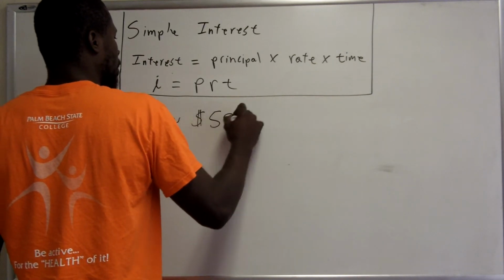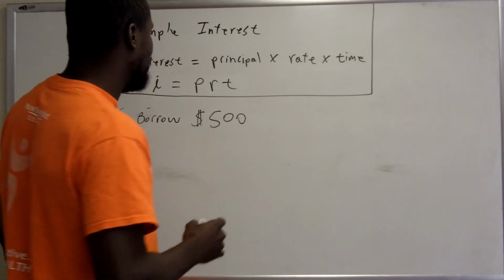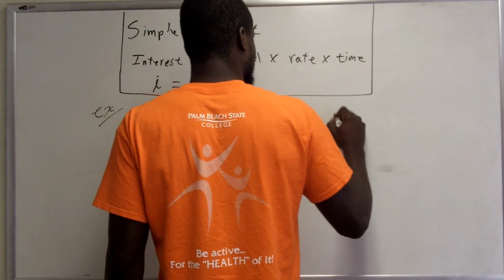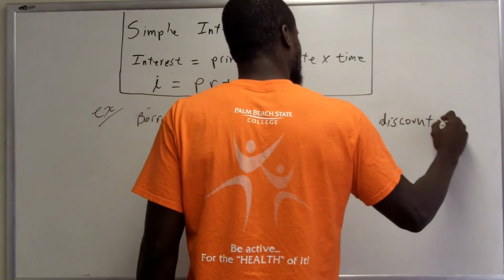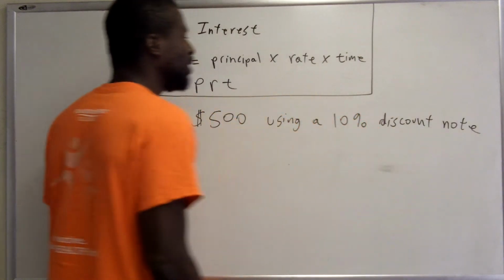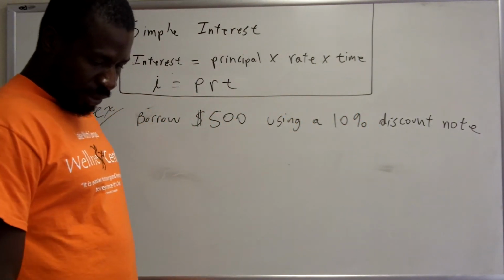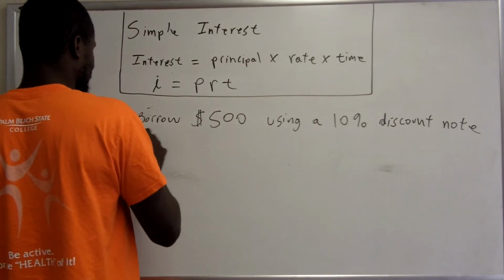But we're borrowing this $500 using a 10% discount note. So we're using a 10% discount note to borrow $500 for a period of 3 months.